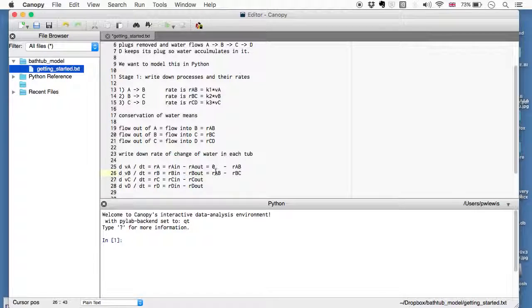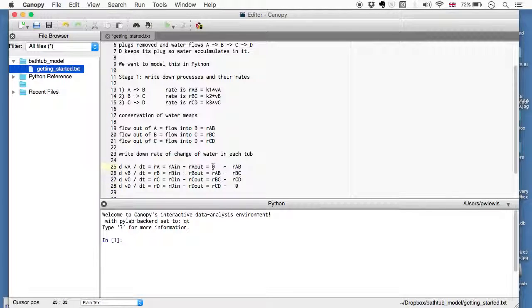So the net change is the flow in minus the flow out. So we'll repeat that here. RBC minus RCD equals, so the rate of flow into D is RCD, and because the plug's in, there's no flow out.